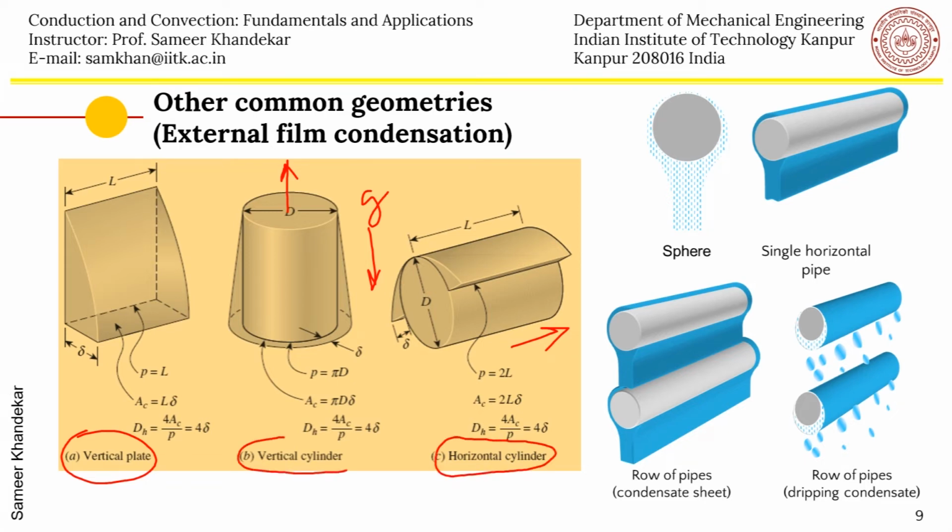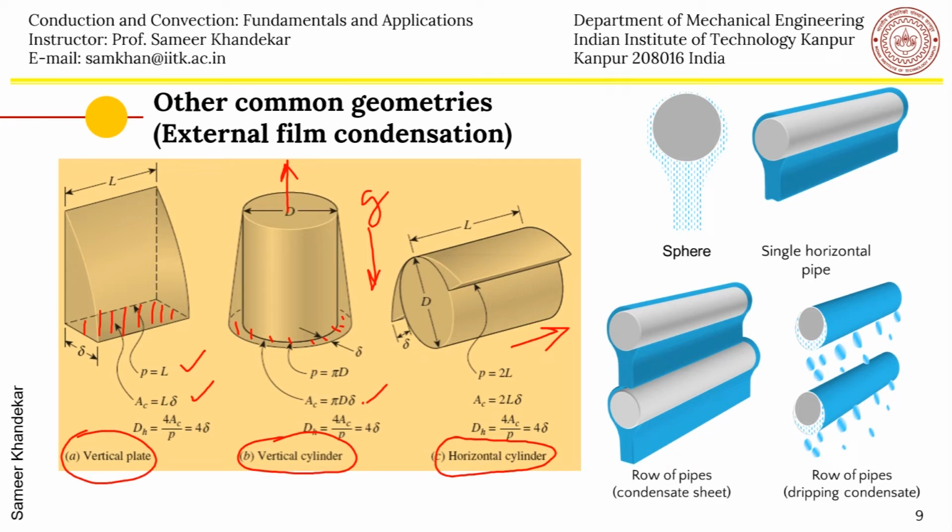In this case, this is the L into delta. And similarly, in a cylindrical case, it will be pi d into delta, and that will be this particular area. And if it is a horizontal cylinder, then it will be 2L, where L is the length of this thing. So that will be this particular area which is marked here.